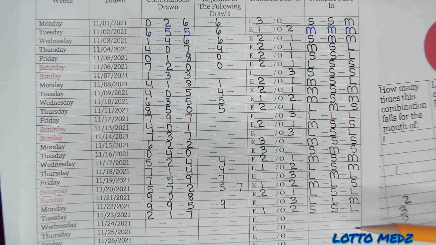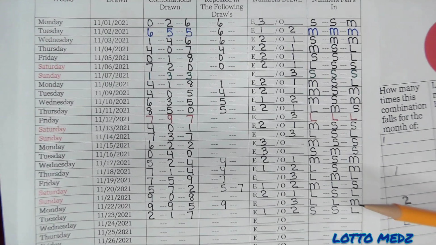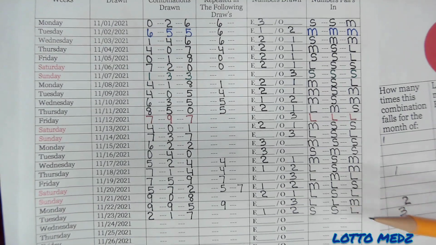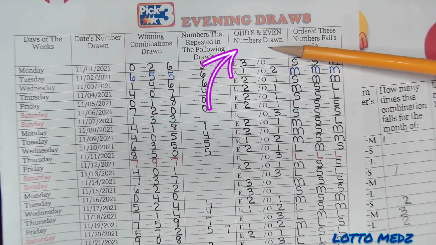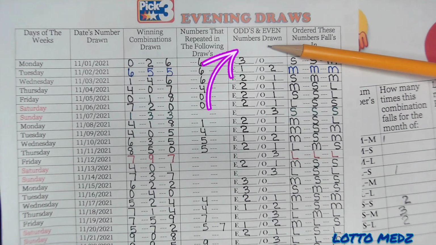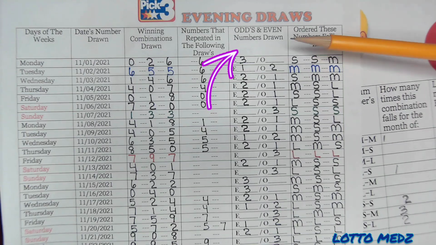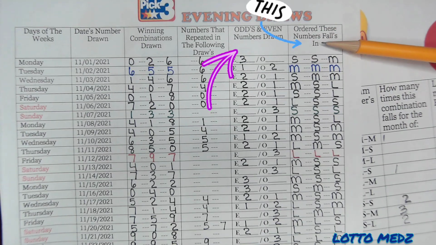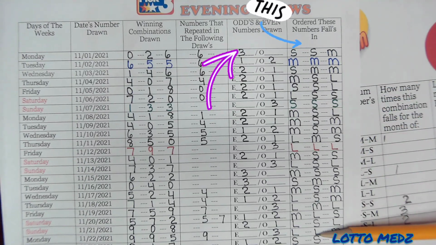Okay, so now why I showed you the first sheet with that order. That first sheet is for if you did not want to come to this column to figure out how many odd and even numbers. Let's say you're not in the mood to figure that out, but you could figure out what is the next order coming, or you just want to play an order right here.